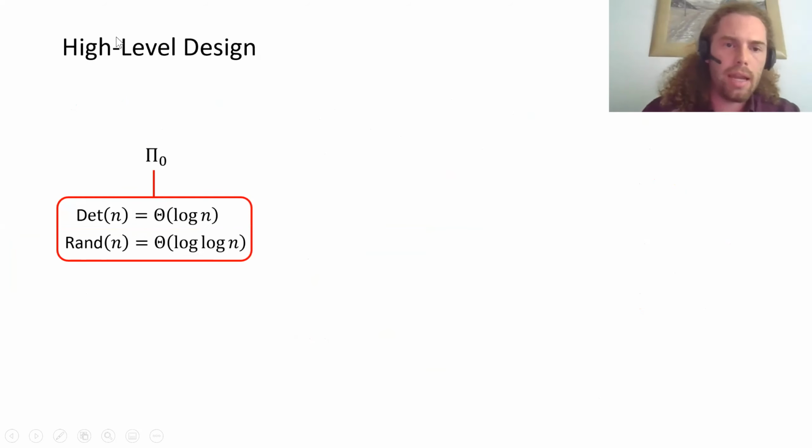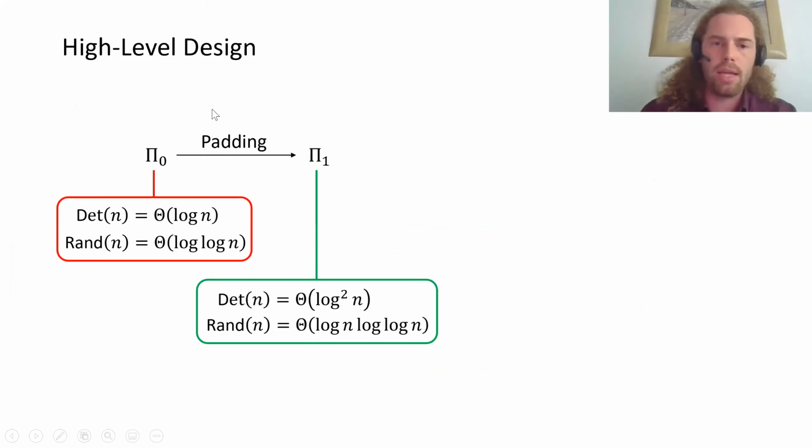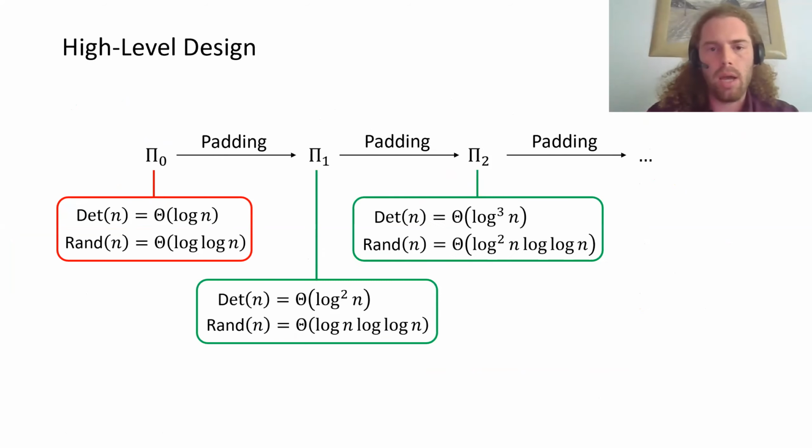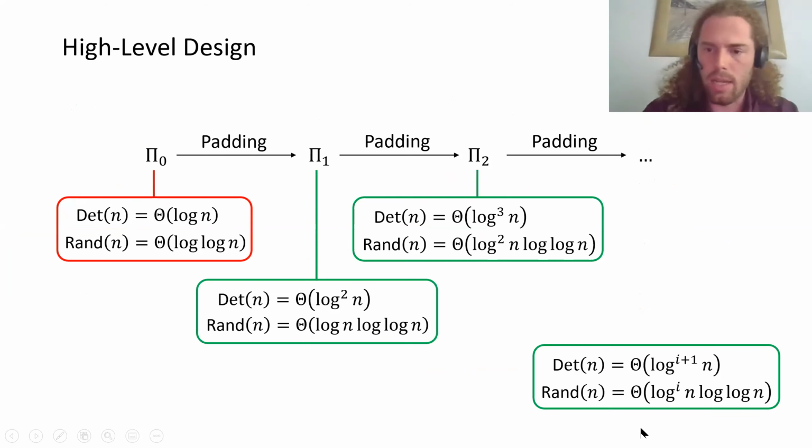Now, on a very high level, we get these problems by starting with some problem pi0 that has this exponential gap between deterministic and randomized complexity. And then we apply some padding operation to get a new problem pi1, where deterministic and randomized complexity both have increased by a log n factor. And we can apply this process iteratively and in each step get one more log n factor, which will then yield exactly the complexities we want.